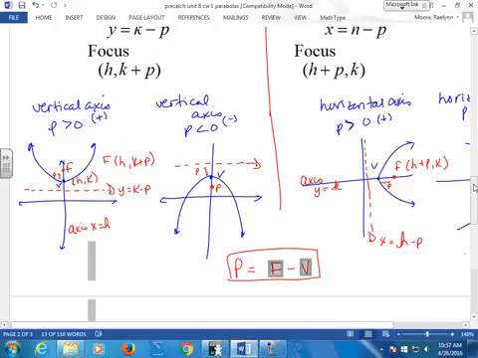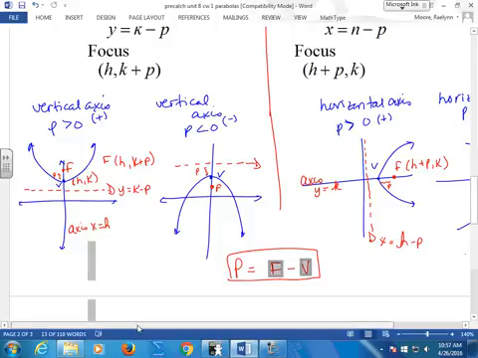In a vertical axis, if that's your normal x squared, when P is positive, greater than 0, your parabola opens up, your focus is inside, always, your directrix is outside. When P is less than 0, negative, your parabola opens down, your focus is inside, your directrix is outside.